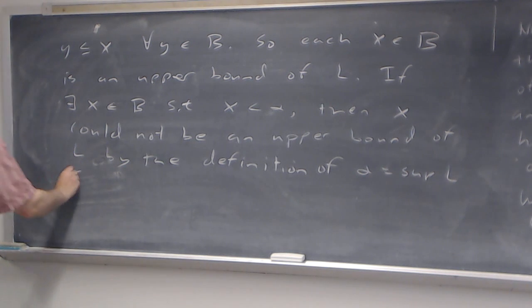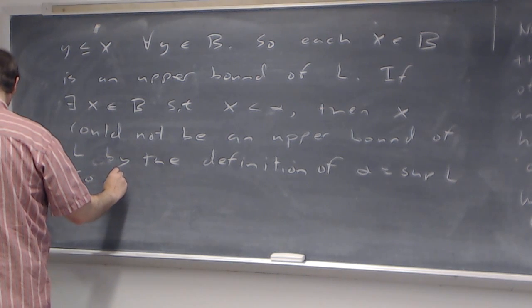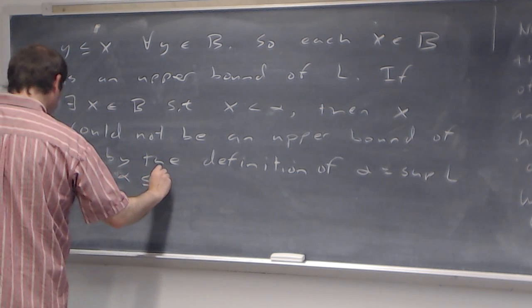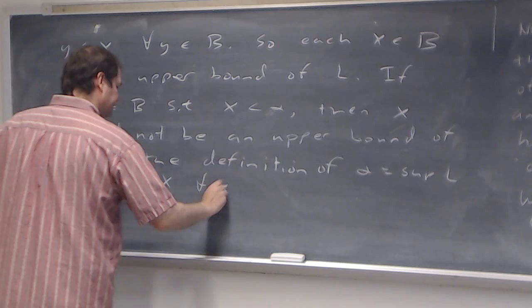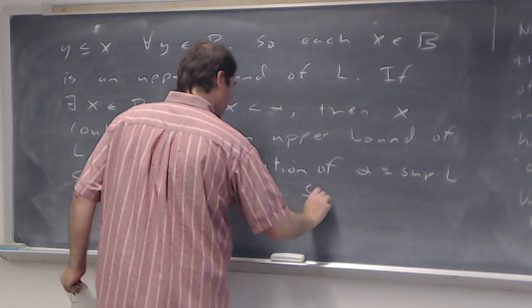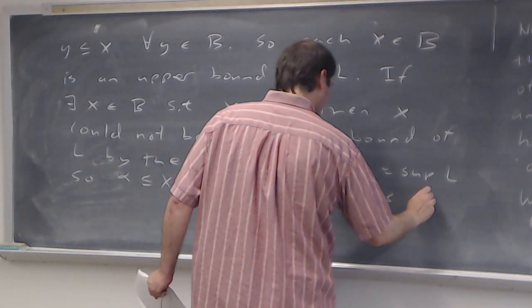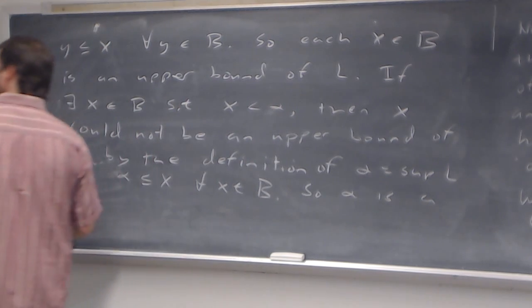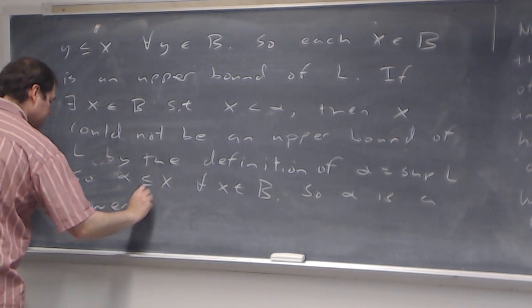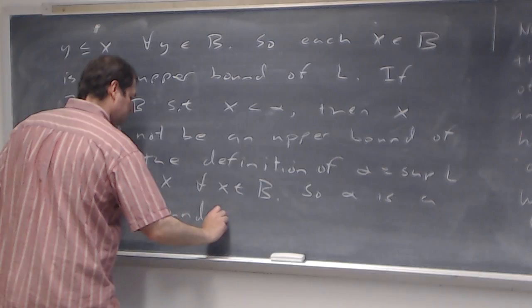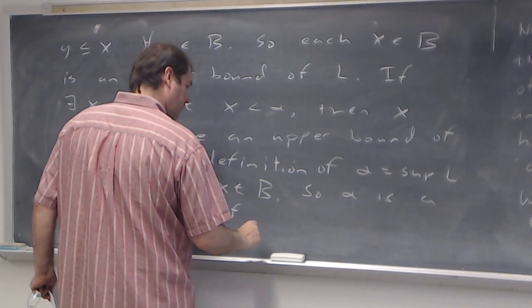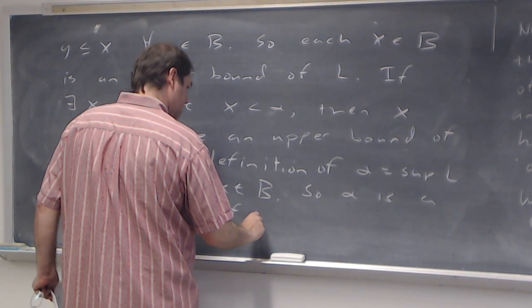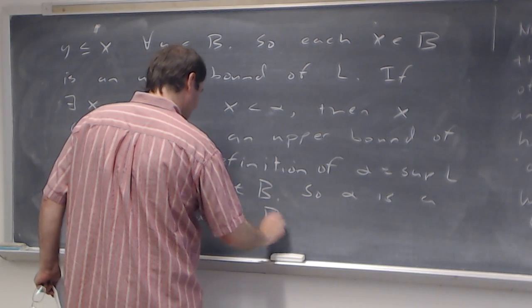So what we get is alpha is less than or equal to x for all x in B. So alpha is a lower bound of B.